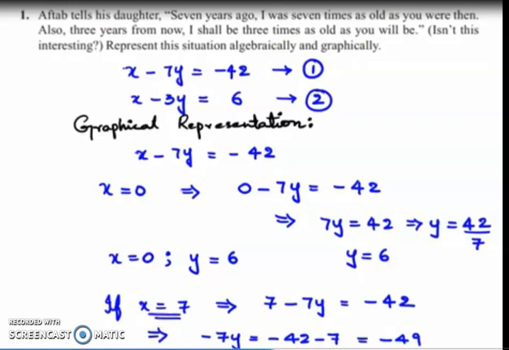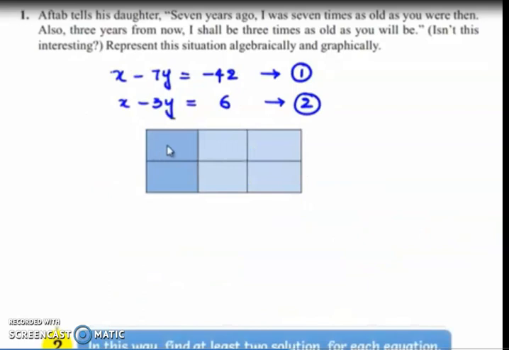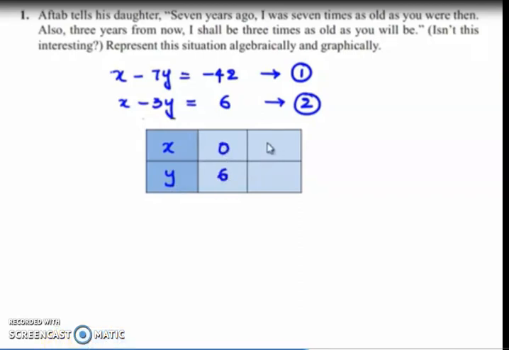When x is equal to 7, I get y is equal to 7. So my two solutions are 0, 6, where when x is 0, y is 6, and 7, 7, where when x is 7, y is also 7.